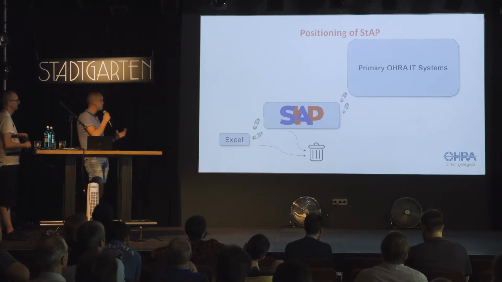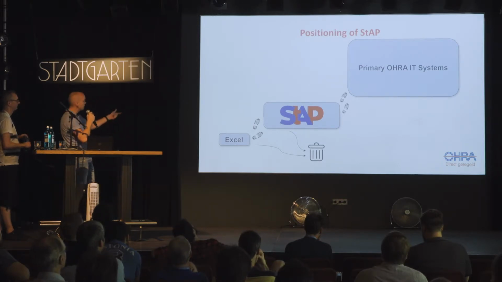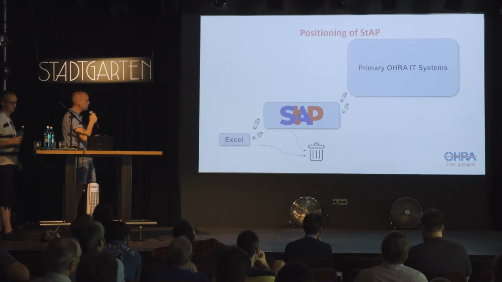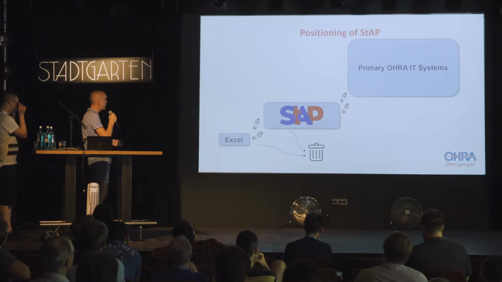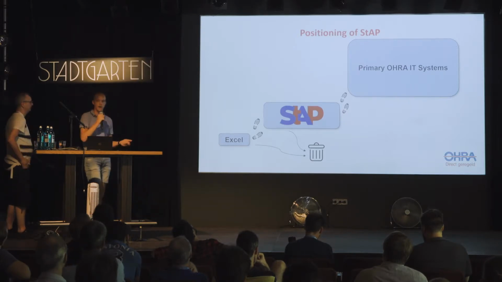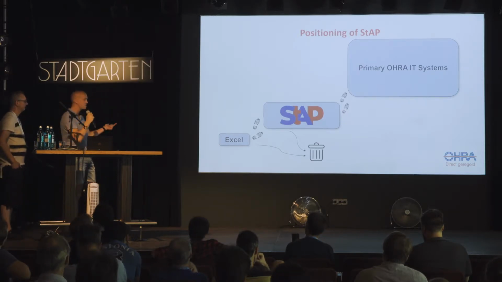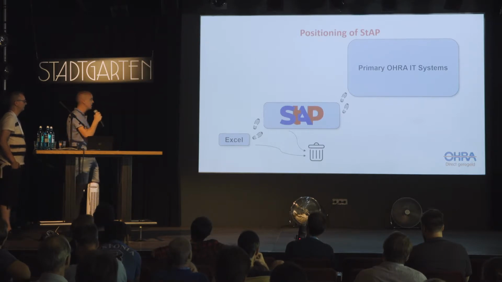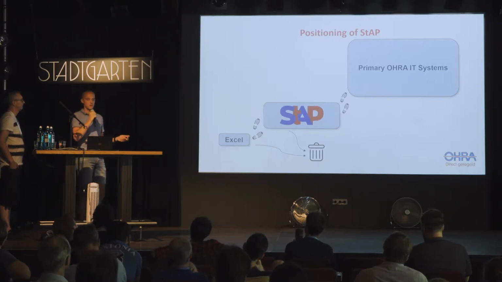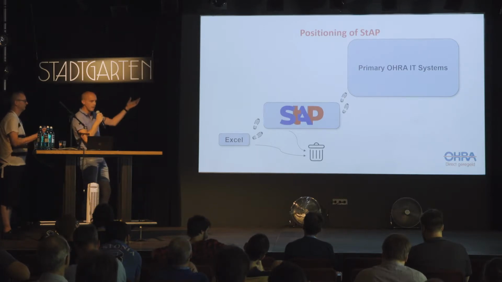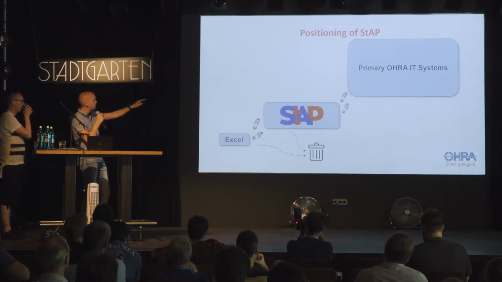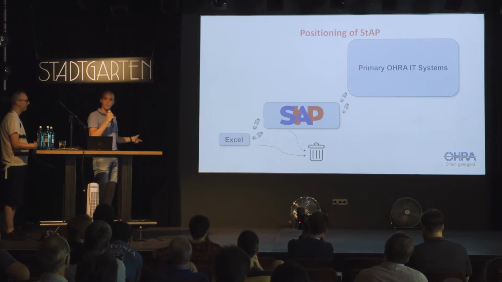The position of StAP. Yeah, this is a nice diagram. In the first stage of a new idea, we've seen examples where this new idea is being tried out in systems like Excel and Access. But this is, of course, not sustainable. We need to be compliant as an insurance company, and the step to our primary systems is pretty big.